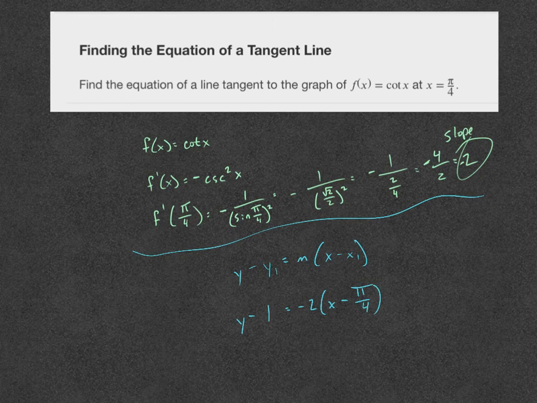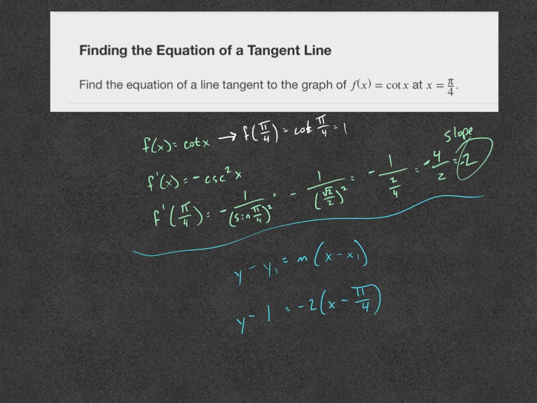If you didn't know where that 1 came from, my function is cotangent. f of pi over 4, the cotangent of pi over 4, is equal to 1. The reason is the tangent of pi over 4 is 1, so flip that over for cotangent, and you also get 1.